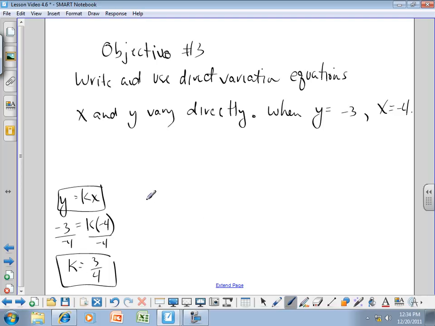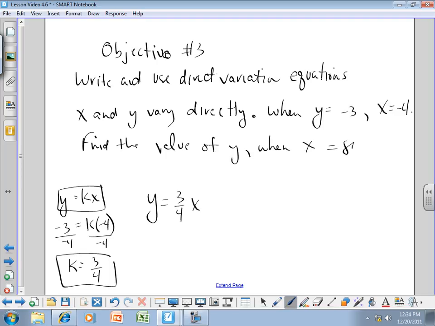Once I've found k, I'm going to write myself a brand new equation, because they're going to say find something. They'll say find the value of y when x equals 80.